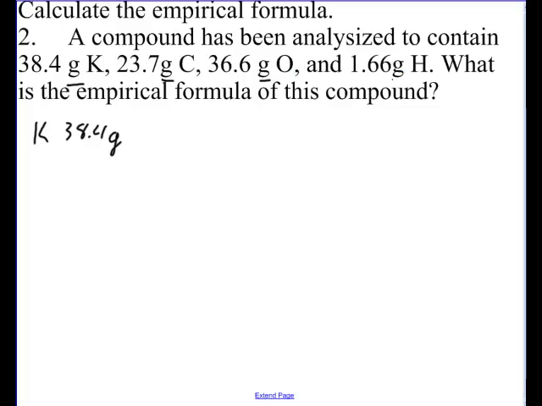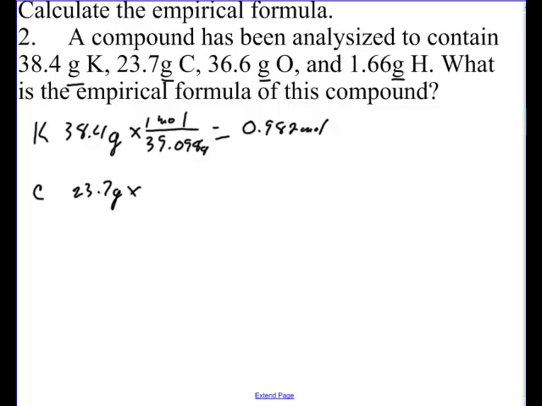The first step is percent to grams, and they already gave us grams. So we've got 38.4 grams of potassium, and 1 mole is 39.098 grams. That equals 0.982 moles.